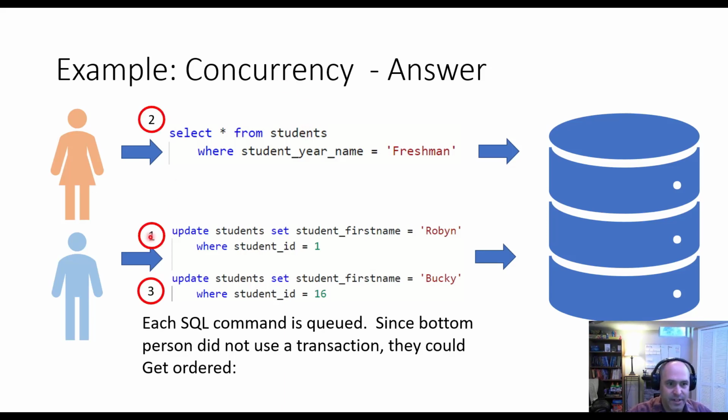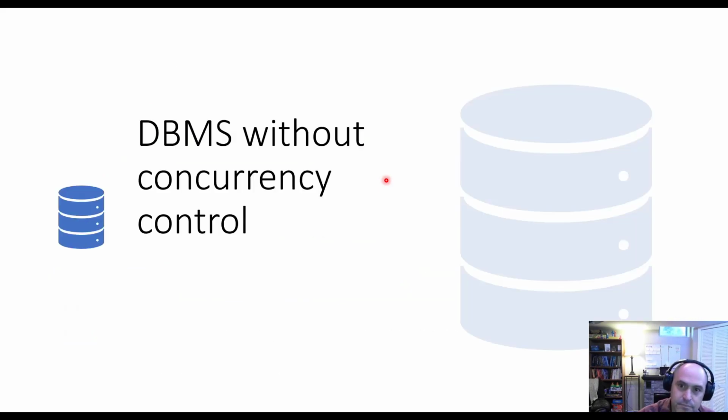It could be ordered, this happens first, that happens second, that happens third. And this is yet another reason why we want to write transaction safe code, because you might want to guarantee that these 2 updates occur as one logical unit, and that no person in between will see an intermediary state. Now, I don't think it necessarily applies to this particular case, but it could apply. It definitely applies when you're moving money from one account to another.